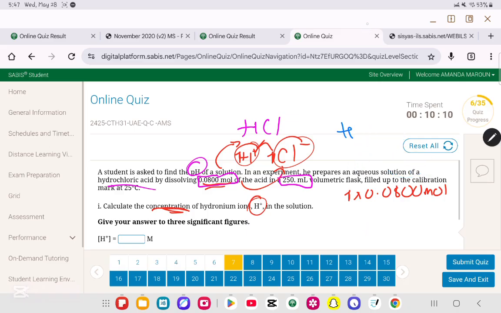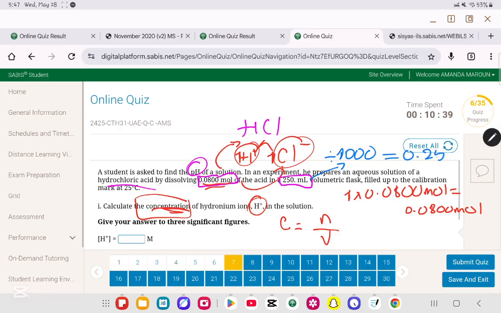Okay, so now we can find the number of moles of the H+ because we need to find what? The concentration of H+. And we know that the equation of concentration is number of moles over the volume. So the number of moles is going to be 0.0800 mole. However, the volume we have is in milliliters, so we will need to change it to liters by dividing by 1,000. When you divide it by 1,000, it's going to be 0.250 liters.